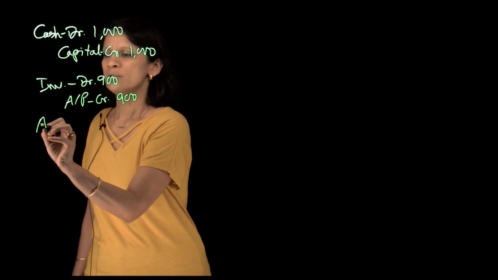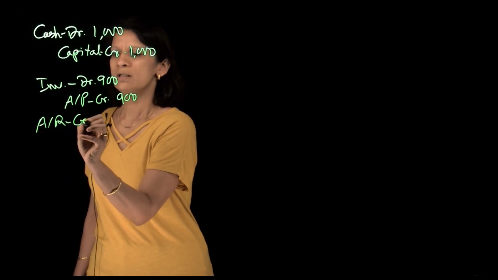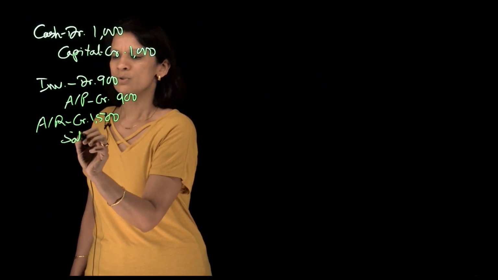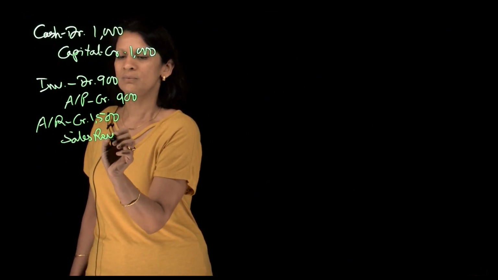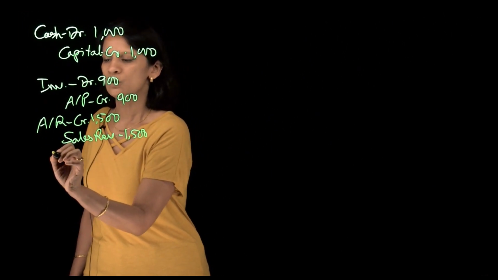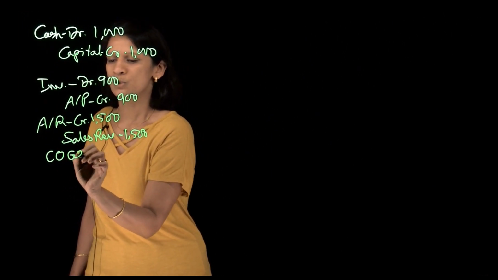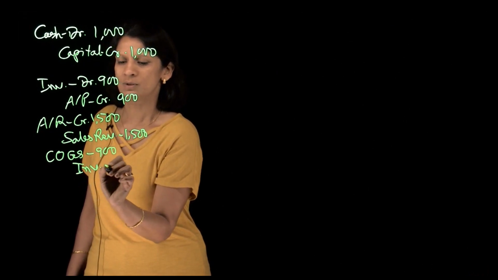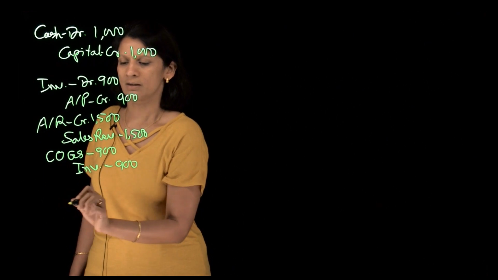Then I sold the inventory again on credit. I sold it for $1,500, so it was my sales revenue. Now, since I sold the inventory, I need to show it as cost of goods sold, $900 worth. So I do not have the inventory anymore in my stock.